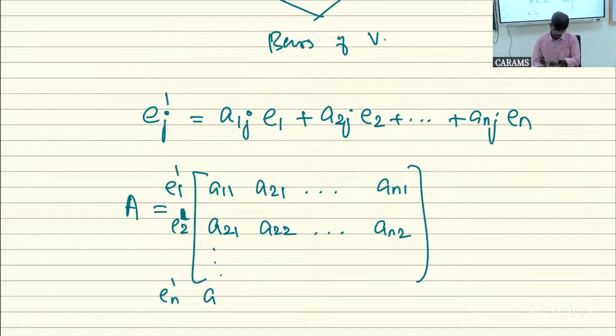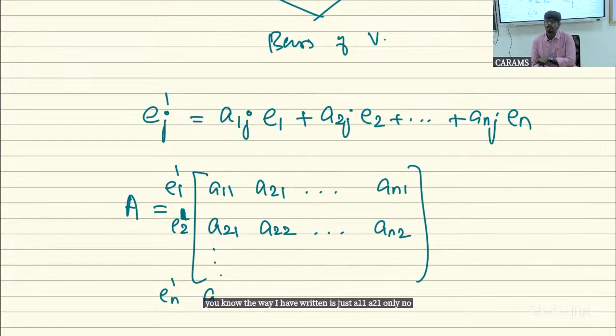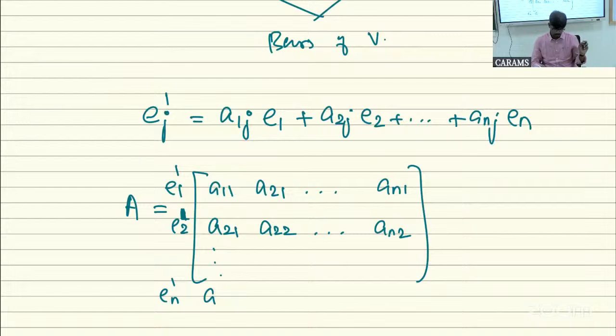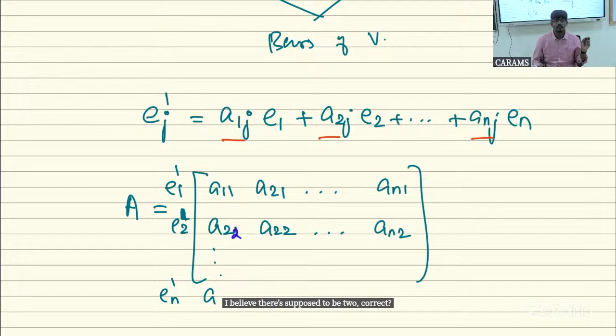The way I have written is just A11, A21 only, no? I believe this is supposed to be 1, 2.